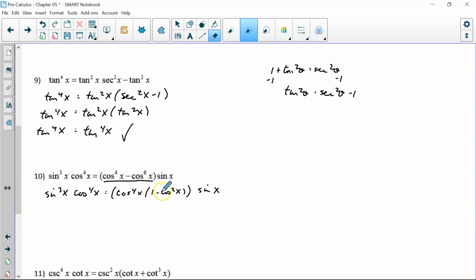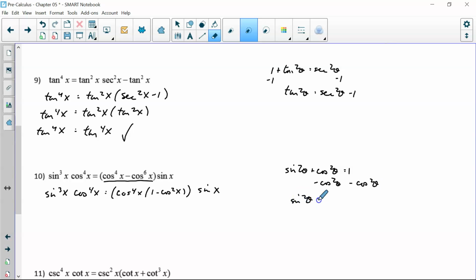Now 1 minus cosine squared, that should be throwing up some alarm bells. Remember, sine squared theta plus cosine squared theta equals 1. Get cosine and 1 on the same side, so I subtract cosine squared theta from both sides.